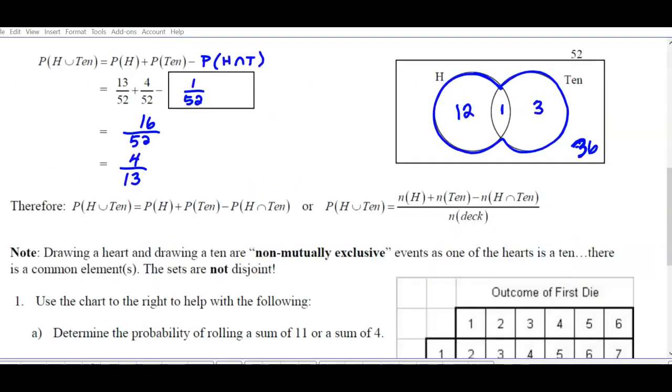This is for non-mutually exclusive events. So when you're finding the union, you have to subtract the overlap. Because really, you've counted that overlap in here and in here, so it's counted twice, and you have to subtract one of them.